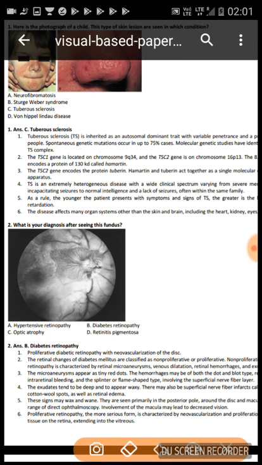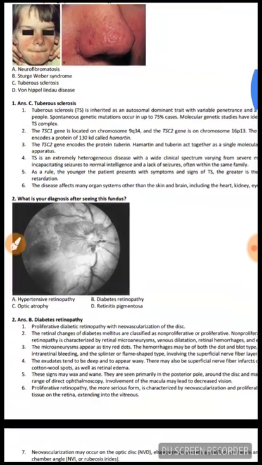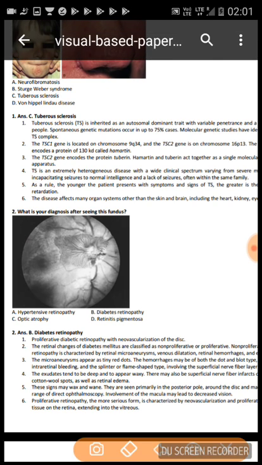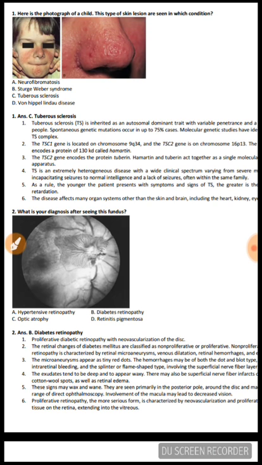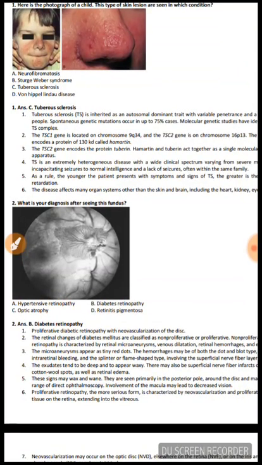Here there is a photograph of a child. This type of skin lesion is seen particularly in which condition? So you can see the characteristic lesion, and while reading the options you will come to know that the answer here is tuberous sclerosis.